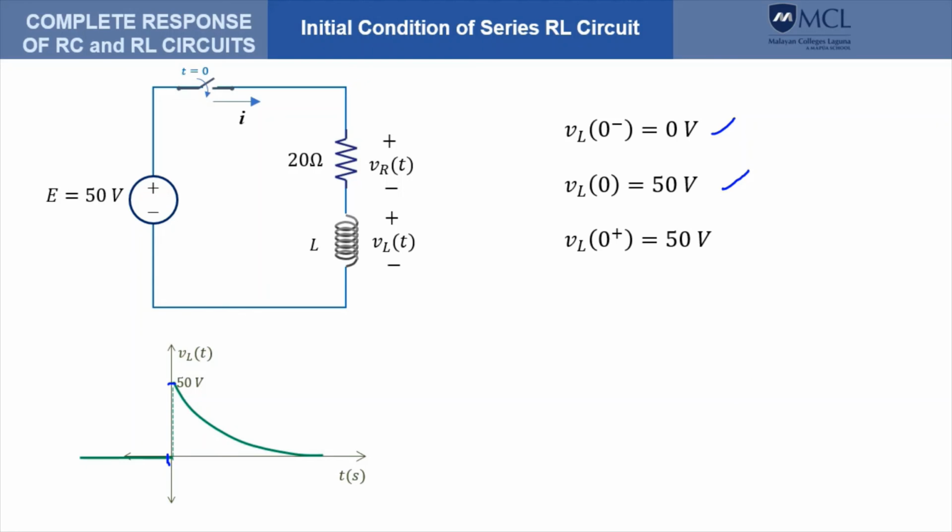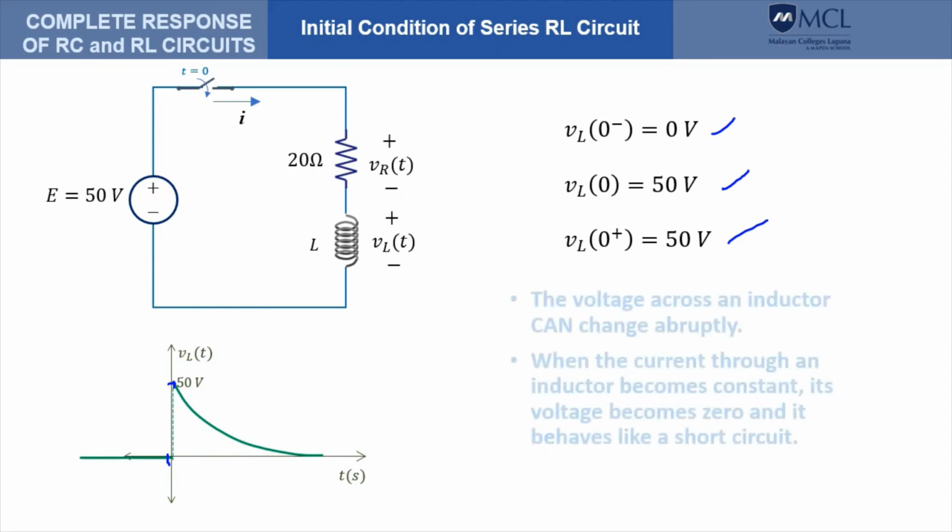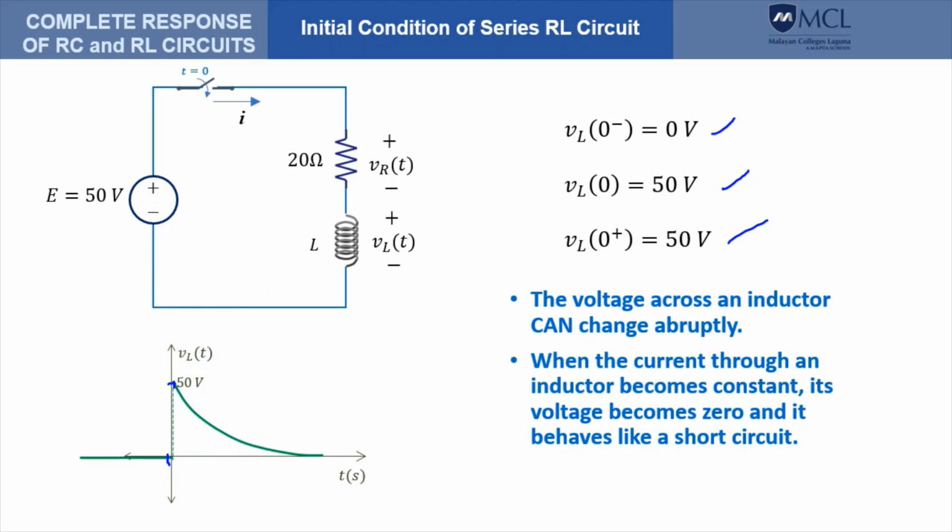Just after the changes are applied, we still get a voltage equal to 50. So the voltage across an inductor can change abruptly, but the current cannot.